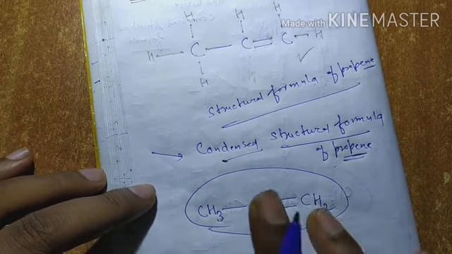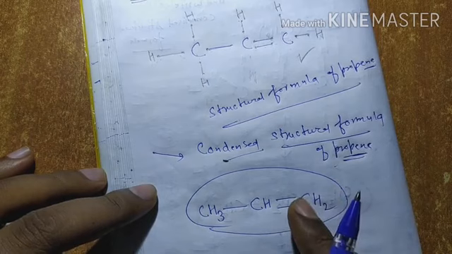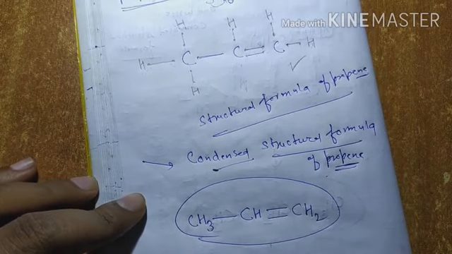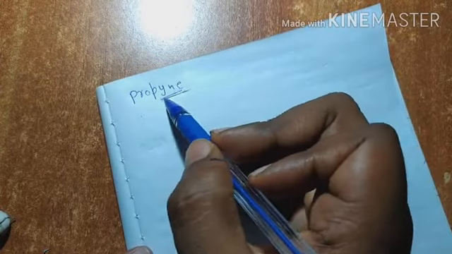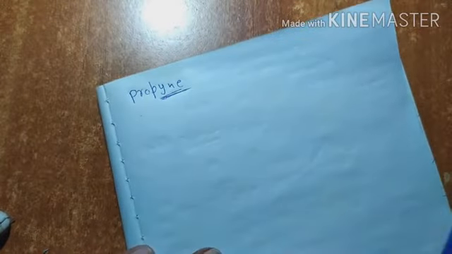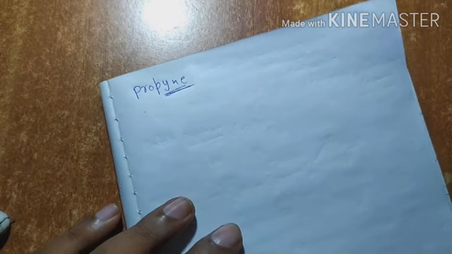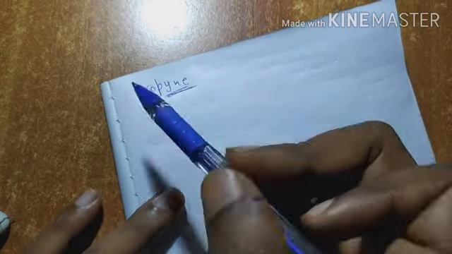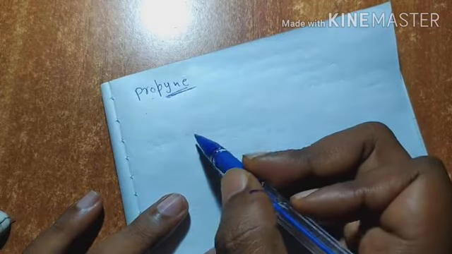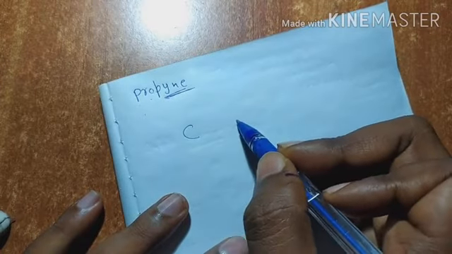The same thing I will write for propyne. Propyne means it is confirmed that there will be at least one triple bond between carbon atoms. The root word is prop, so you have to use 3 carbons, 1, 2, 3.